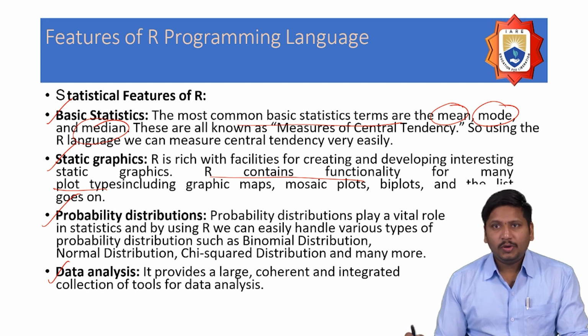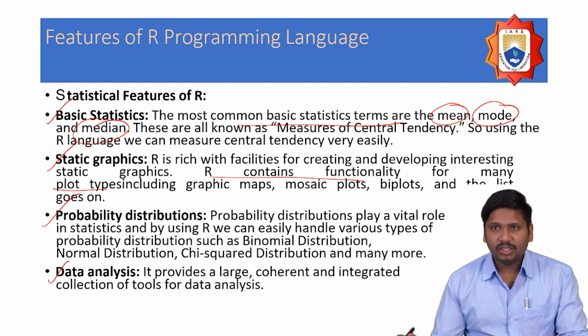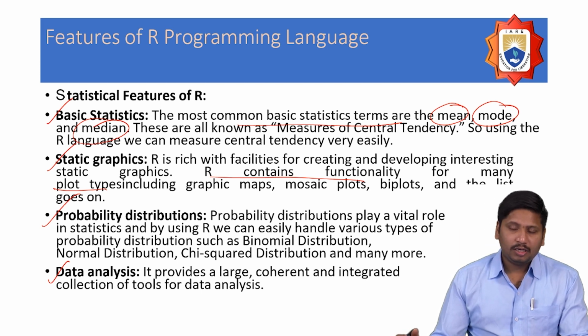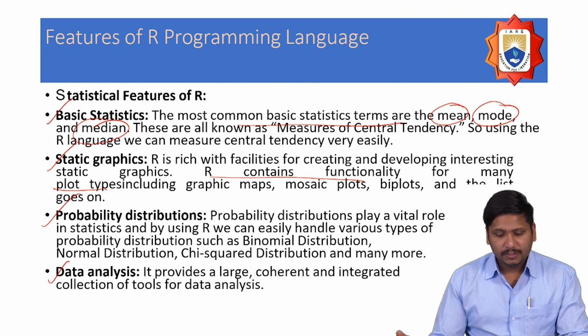Like this, we can implement different types of plots. The language also provides many functionalities, along with the bar chart and pie chart. We can also implement graphic plots, mosaic plots, and biplots as well.